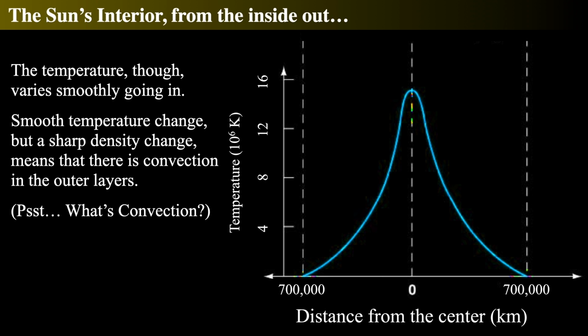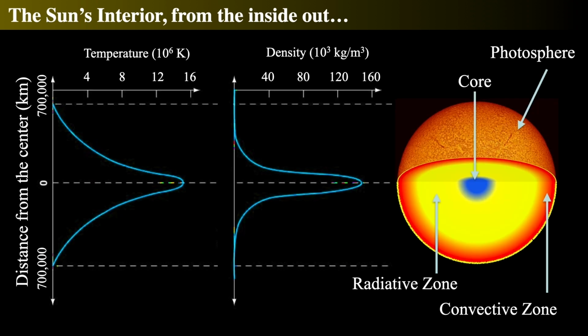Now, how does it vary with the temperature? The temperature, however, varies more smoothly. It is still strongly peaked at millions of Kelvin from the center, and it goes out to about 6,000 at the photosphere. But you can see that the temperature drops rather differently. So between the steep difference in density and the smooth difference in temperature, there comes a point that could actually drive convection.